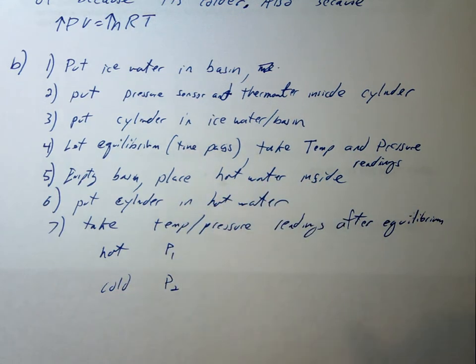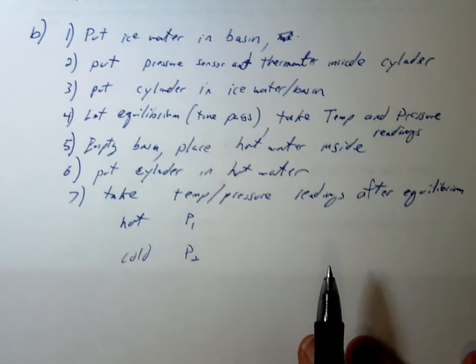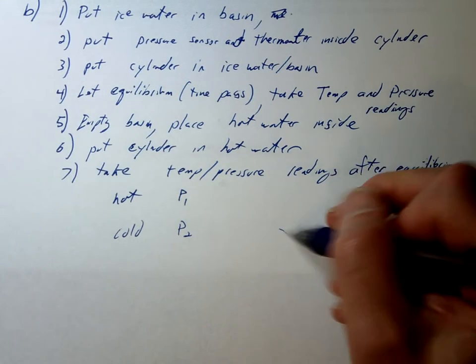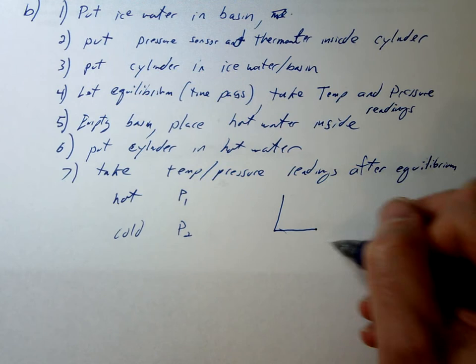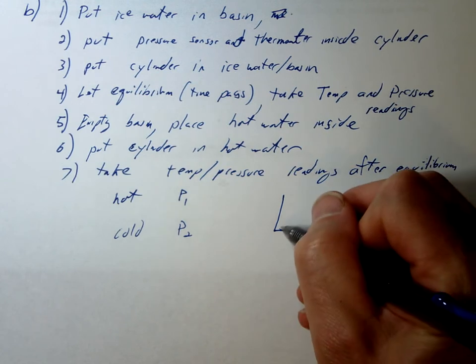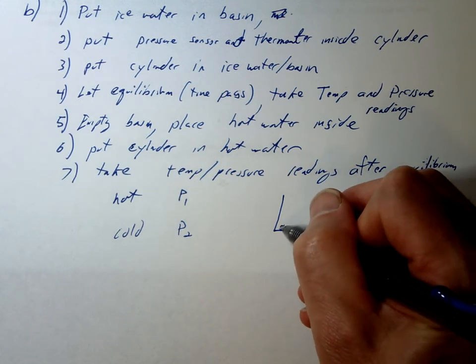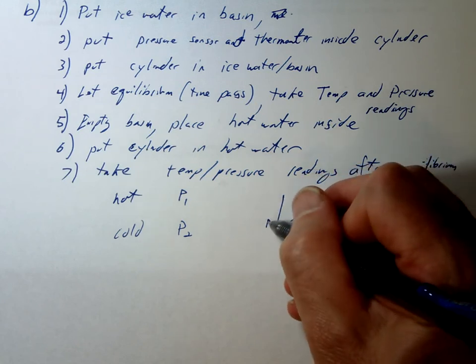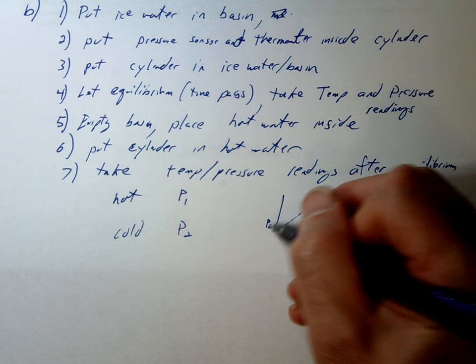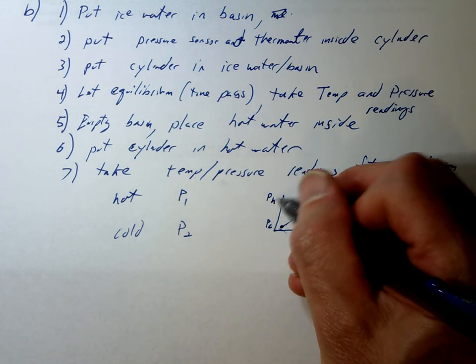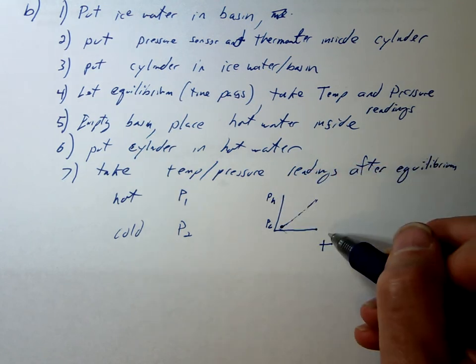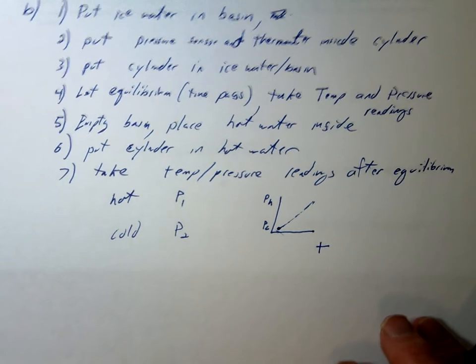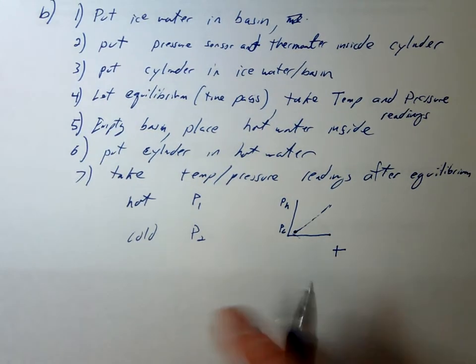But it should be sufficient. If you really want to be detailed, you do some kind of versus time graph. Have your pressure here and just see how the pressure changes over time, P cold, P hot, as the temperature rises. So that'd be an interesting one to do also.